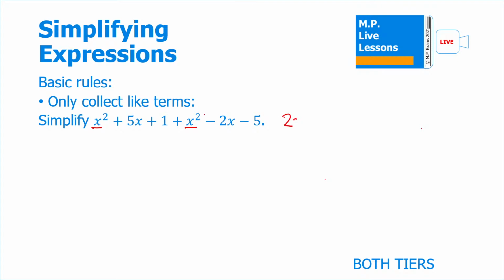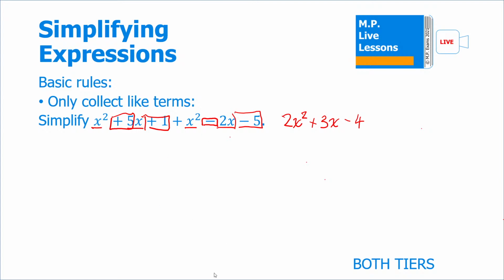This becomes 2x squared. These x terms can be collected together. And remember, pay attention to this minus here. So we have positive 5, then minus 2, so just plus 3x. And then we have positive 1 here as a number, and then negative 5 here. That's minus 4.